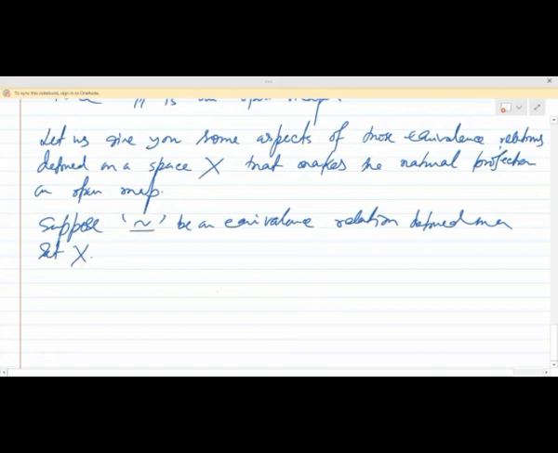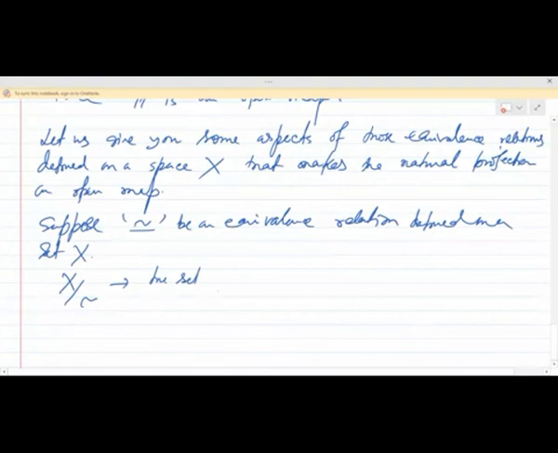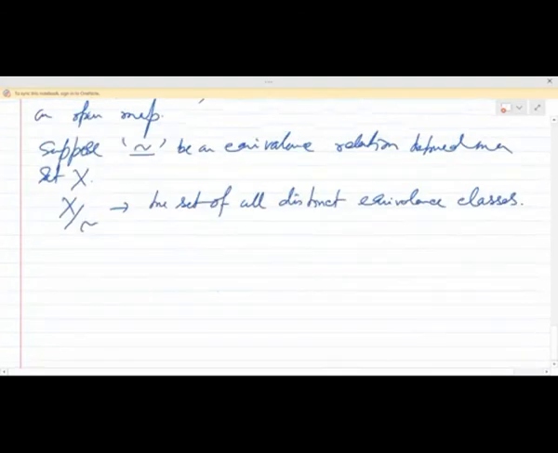With respect to this equivalence relation, you will have the quotient set, that is, the set of all distinct equivalence classes determined by this relation on X.